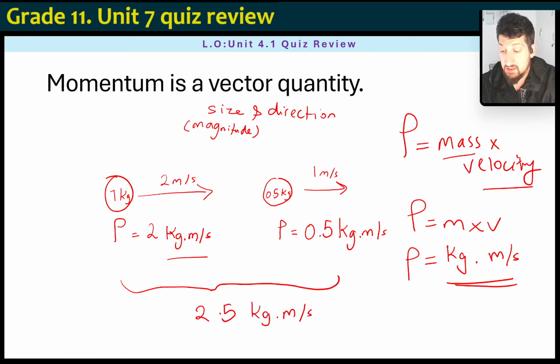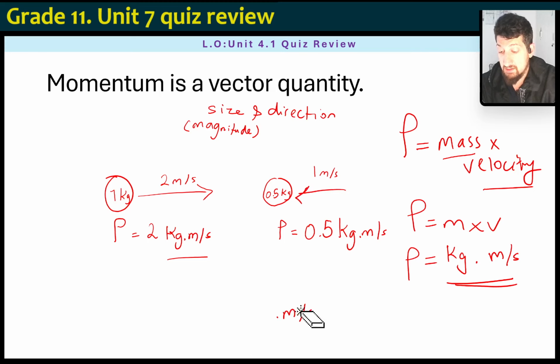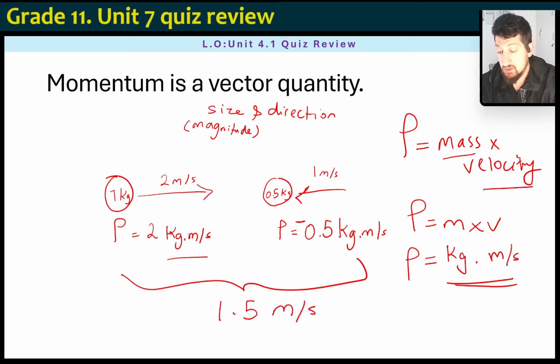What if they weren't facing the same way? What if one of them is going that way while the other one's going that way? Then what can I do? I can still add them together, except now, remember, it's a vector quantity, which means it has a direction. Now it's a negative. So it will be a total momentum of 1.5, oh sorry, not meters per second, kilograms dot meters per second. Okay, I hope that makes sense.